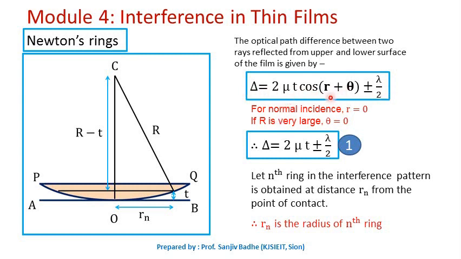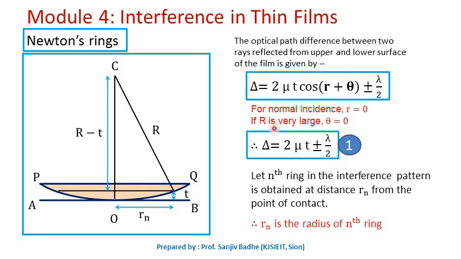For normal incidence, r can be taken as 0, and if the radius of curvature of the convex surface is very large, then theta also can be taken to be approximately equal to 0. And for the film between the convex surface and the plane surface to be very thin, this radius of curvature has to be very large.